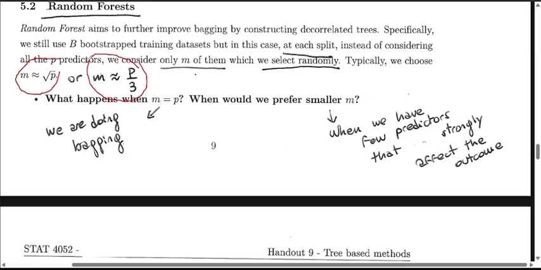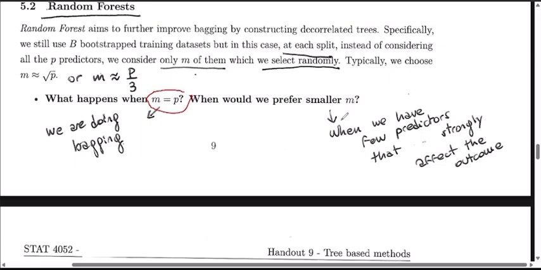But the question now: why is it that if m equals p, the random forest now becomes bagging? If m equals p, because I'm using all the predictors, that's what it means, you're only doing bagging. Now the question is, when will we prefer smaller m?